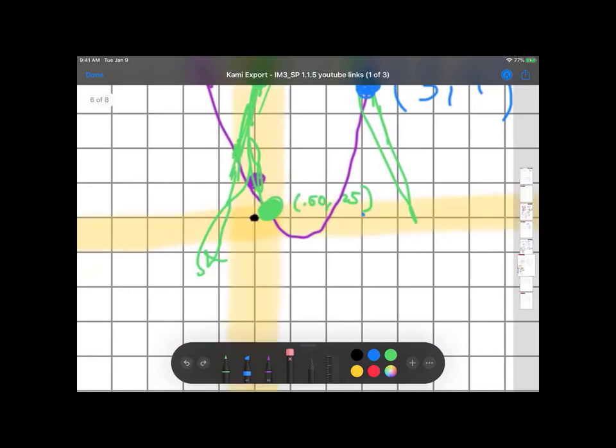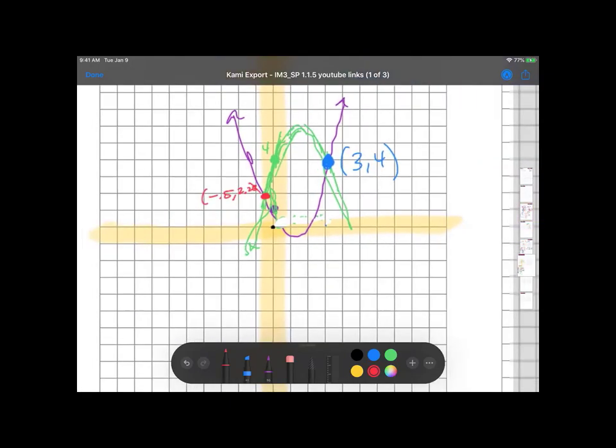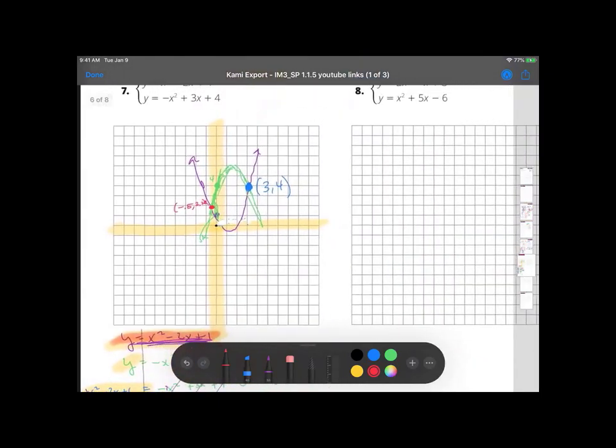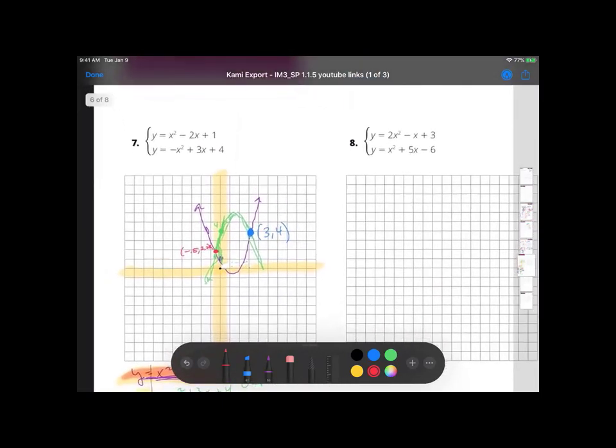Let's fix this messiness. Erase that. There's our intersection. So red, negative 0.5, comma, 2.25, and 3, 4. This is our solution.